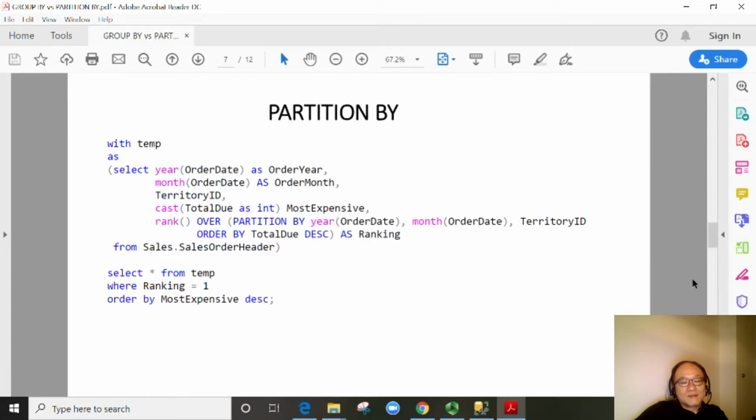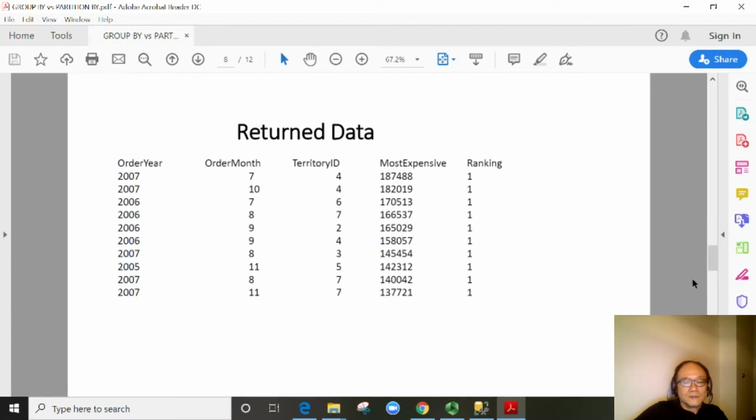We can try to use other ways to solve this type of questions, such as select top 1 with ties, but you will find this is the easiest way. Here is the returned data.